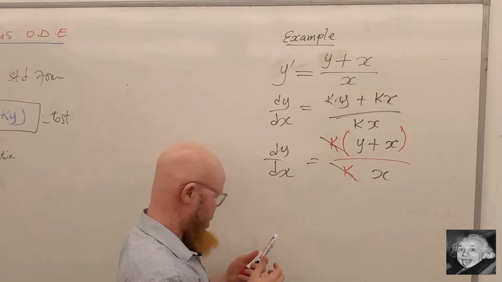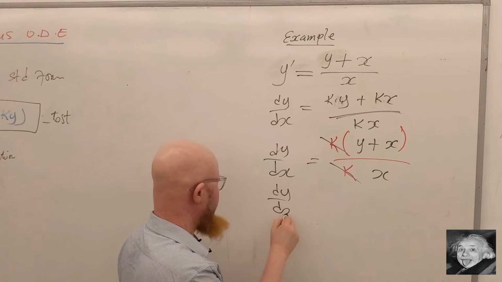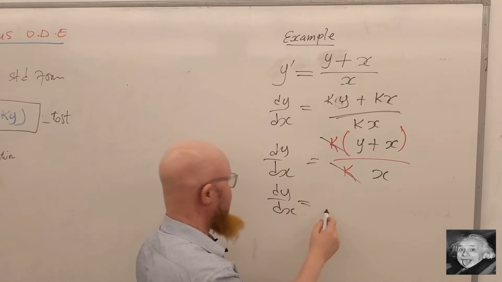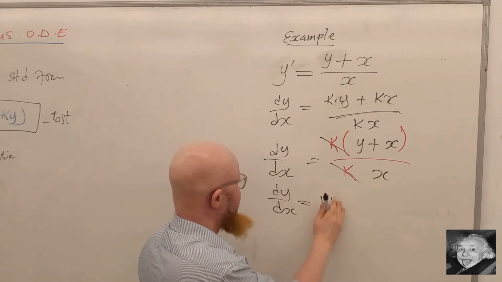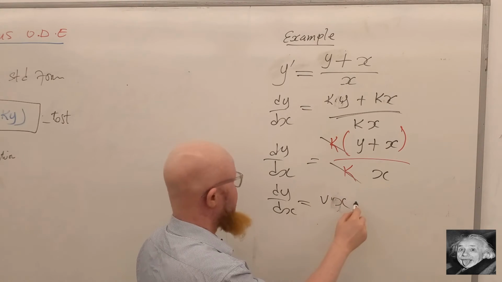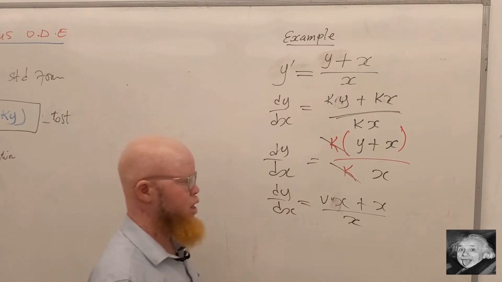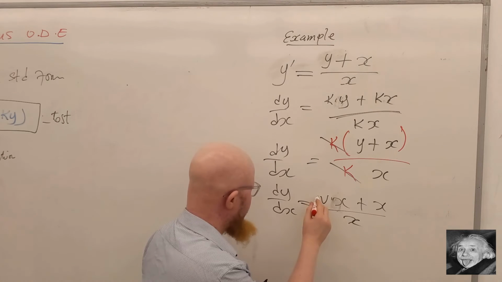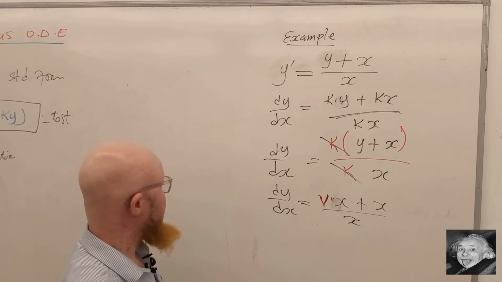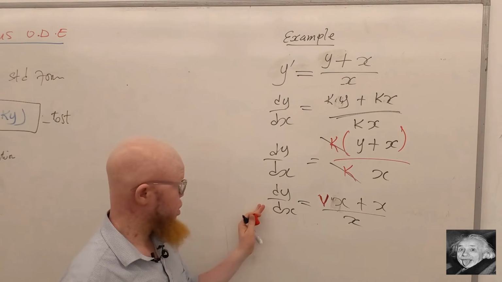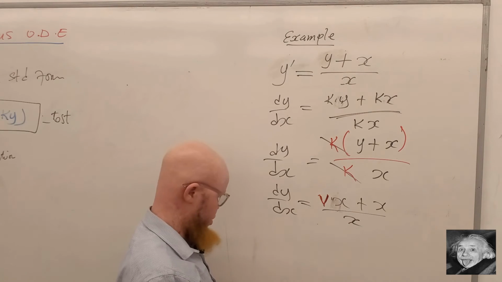So let's do that. Let's start with the left-hand side. dy dx is equal to, where there's y, I'll put vx plus x divided by x. This is how my substitution will be. For the left-hand side, I have to take this to the right first.